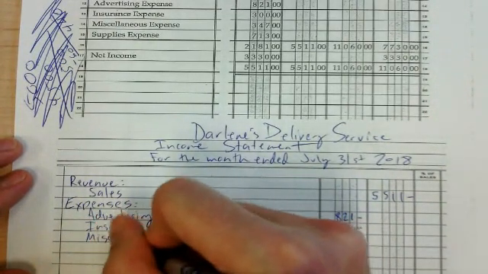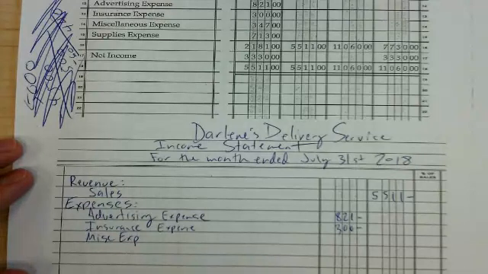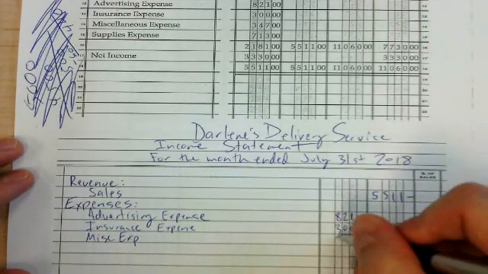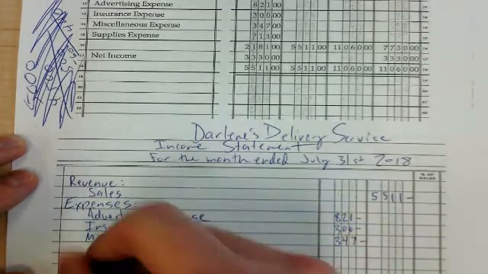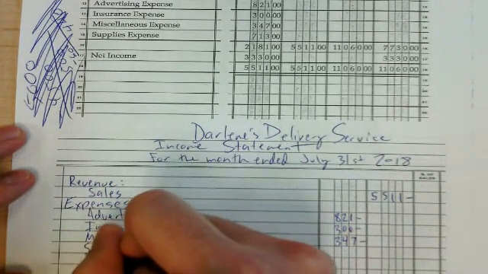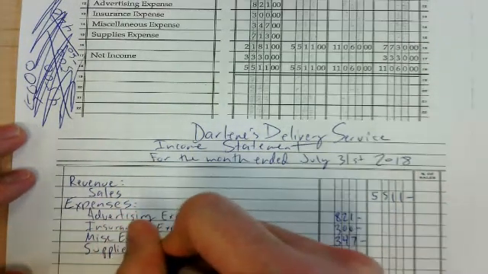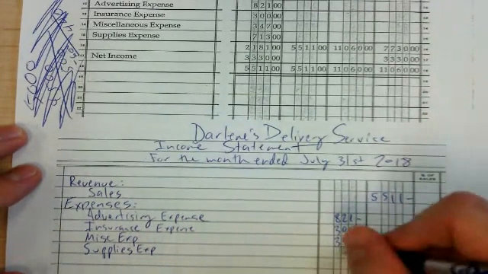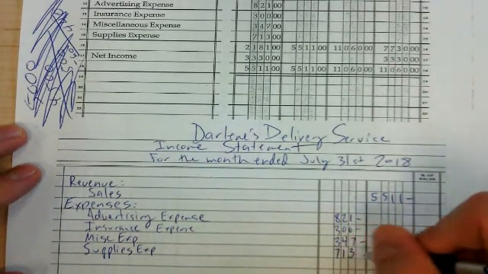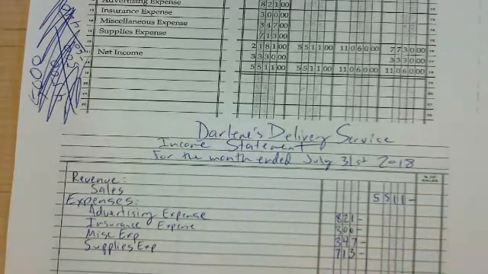Miscellaneous is $347. And supplies is $713. Okay.